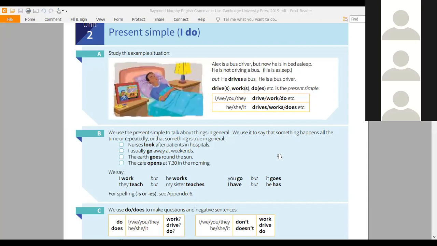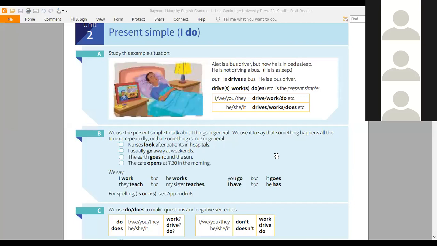Present simple tense we use to talk about an action that is permanent. Where do you live? I live in Karachi, or I live in Hyderabad, right? So we talk about permanent actions, general truths, and repeated actions, like once a week I visit my grandparents, or every weekend we go out with friends, all right?